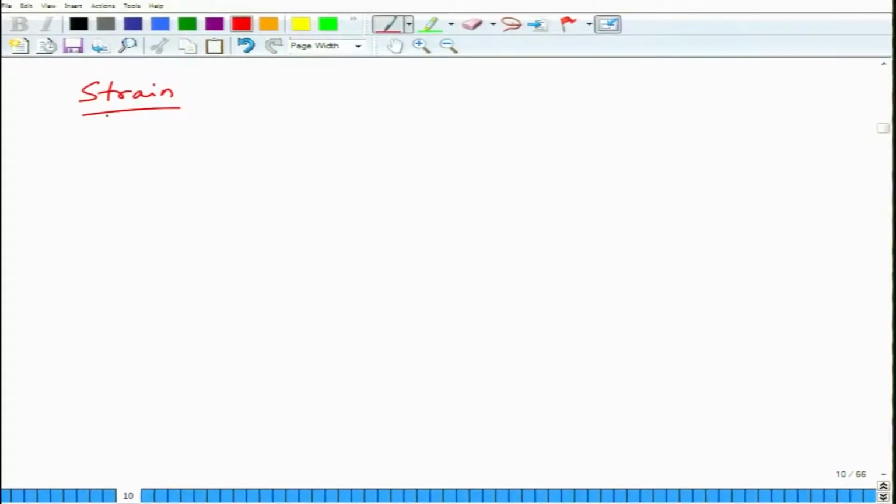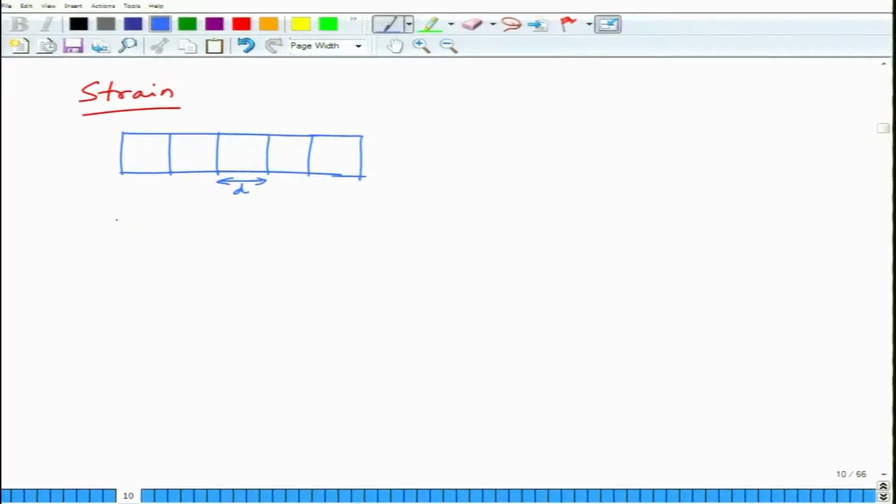It can give you also an idea about the strain. So if you have a crystal which has lattice spacing like this, so this is, let us say, the equilibrium D, right.